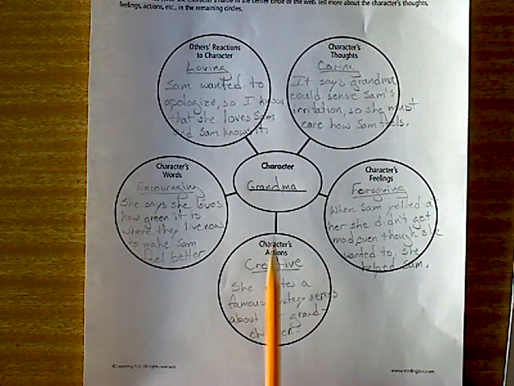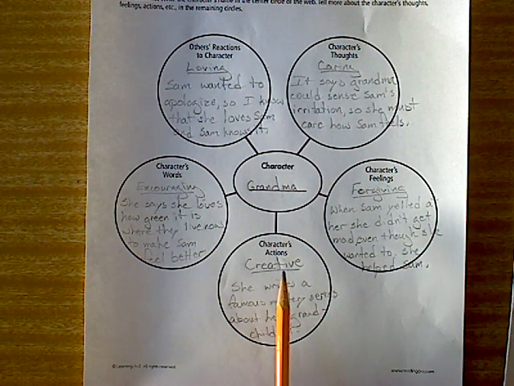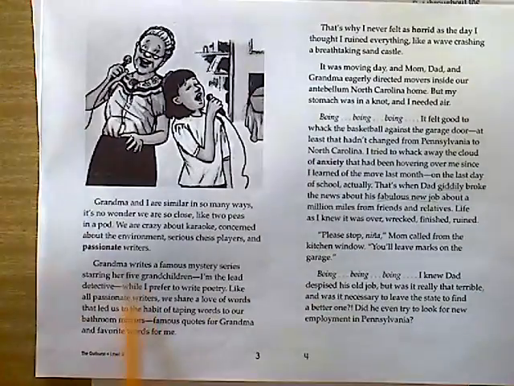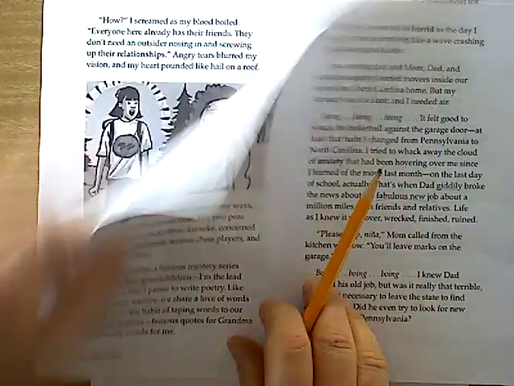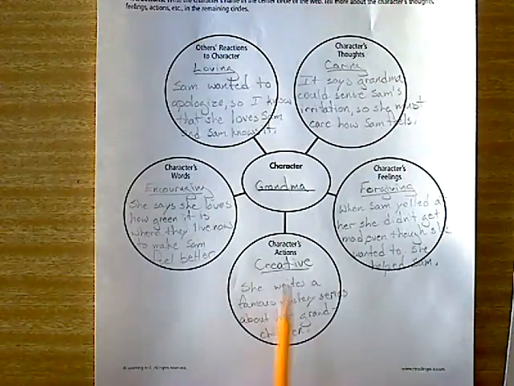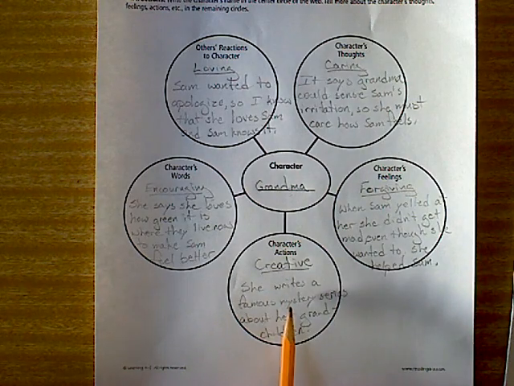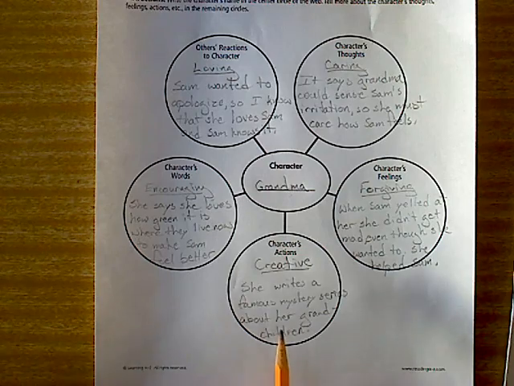Okay, next one, character's actions. I said that she's a creative person because it says in the story, Grandma writes a famous mystery series starring her 5 grandchildren. So I said that she is a creative person as a character trait because she writes famous mystery series about her grandchildren. Okay, that one's fairly simple.